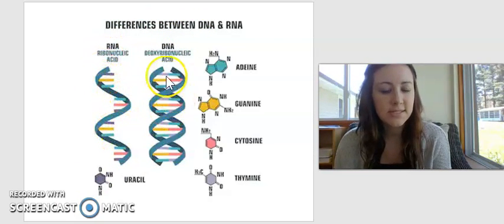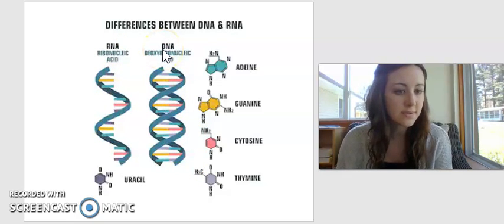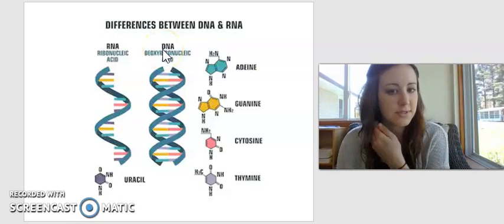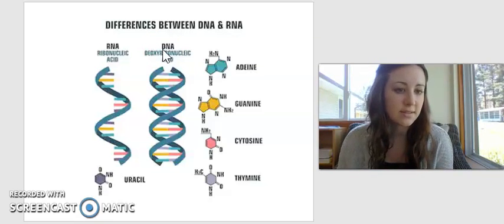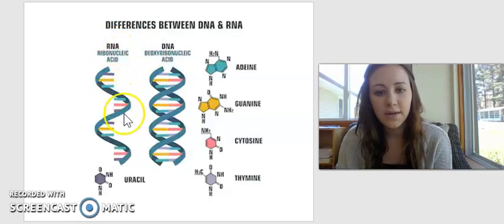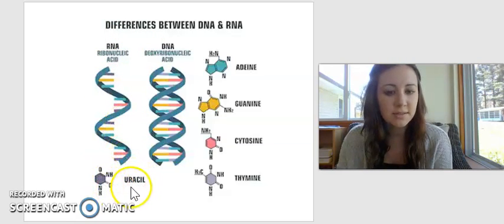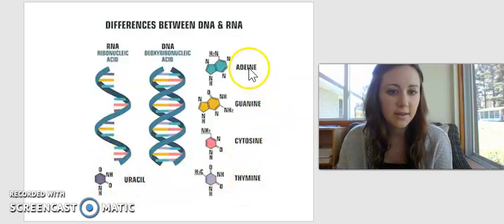And here's an image that summarizes those differences between DNA and RNA. RNA single-stranded, DNA double-stranded. Even though that D doesn't stand for double-stranded, it stands for deoxyribose, you can think of it as D, DNA, D, double-stranded. RNA single-stranded, like I said, uracil, DNA has thymine. Adenine is going to pair with thymine in DNA.